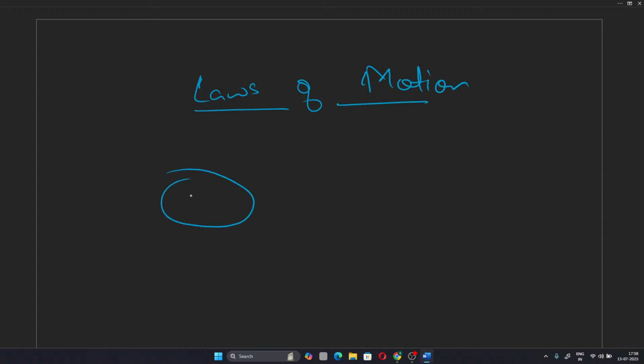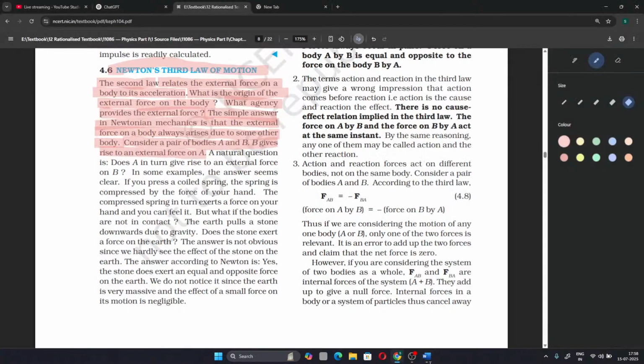Let's take one body as A, and the other as B. A pair of bodies A and B. B gives rise to an external force on A.